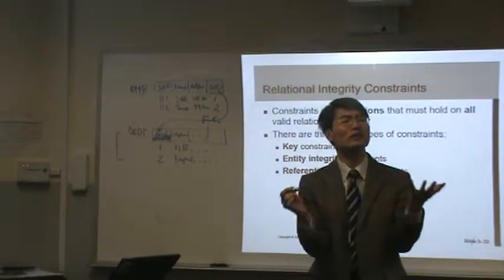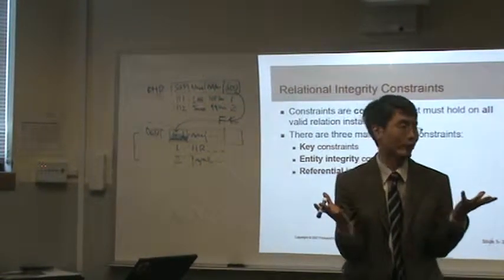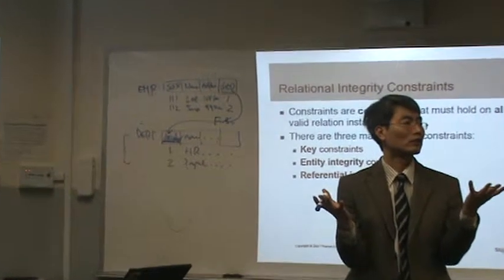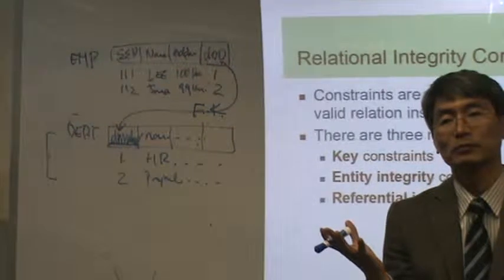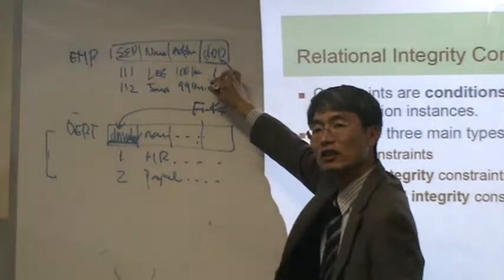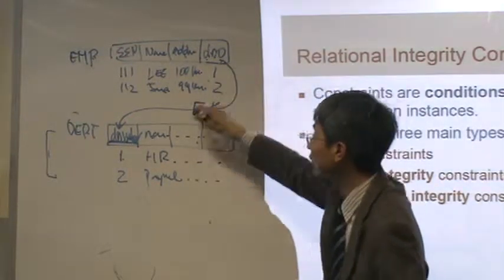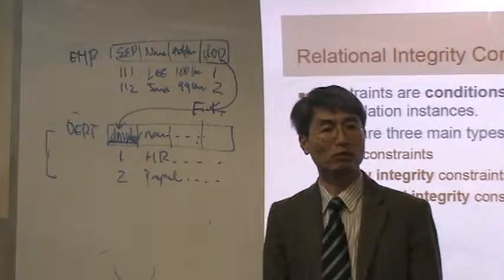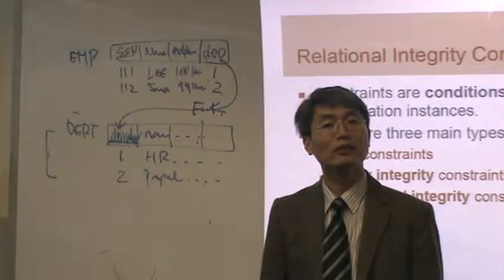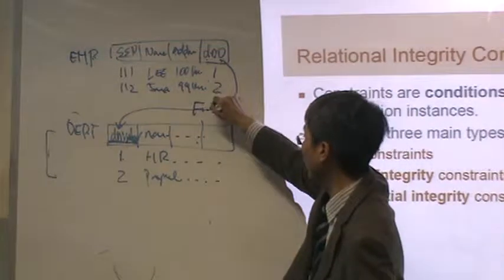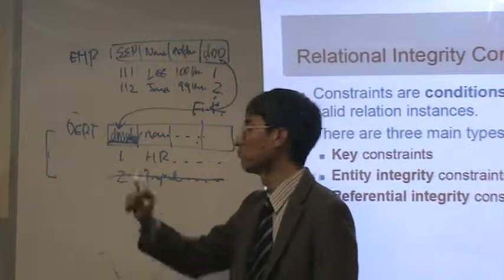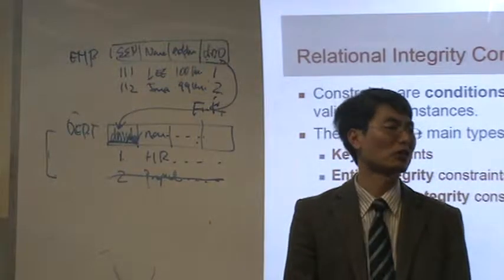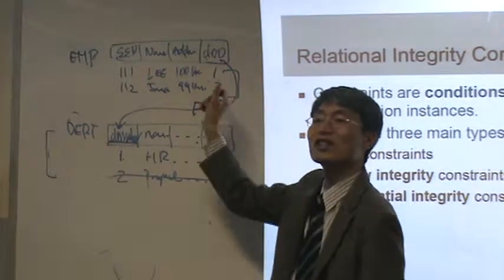Then what can be the problem if you do not create the foreign key or referential integrity? Somebody will insert data without a department, so there might be a lot of bad input. And also sometimes you can delete a department even though there exist employees.